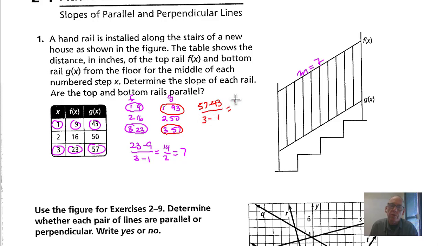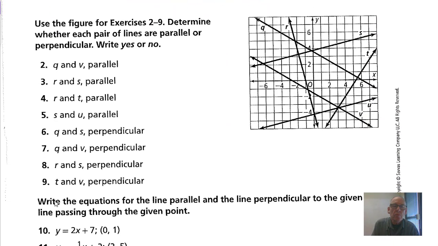So this also gives me 14 over 2, which is also a slope of 7. So the slope of the bottom railing is also going to be 7. So yes, they are parallel. Both have slopes equal to 7.